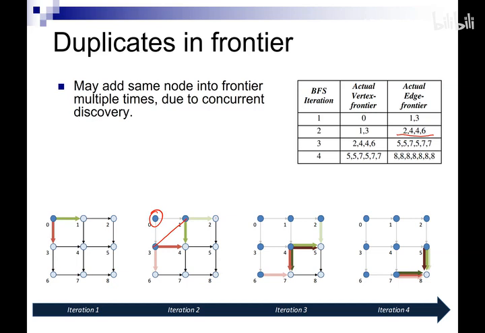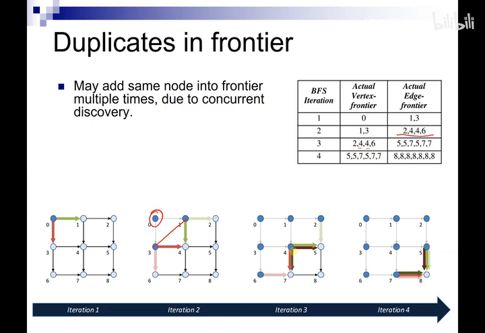Okay, now let's just say that you continue from this process. So you have 2 copies of 4, and now let's say that you assign different threads to process this. Okay, so you don't try to get rid of the duplicates. You just accept that you have 2 copies of 4, and you assign different threads to all 4 nodes.